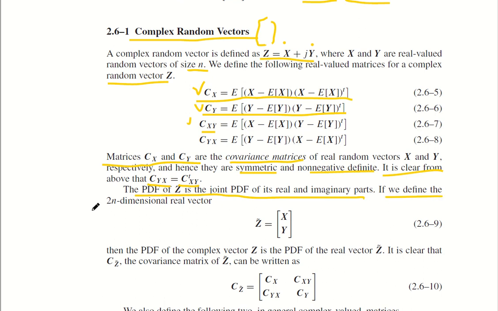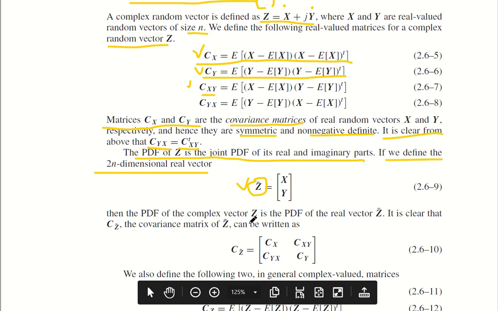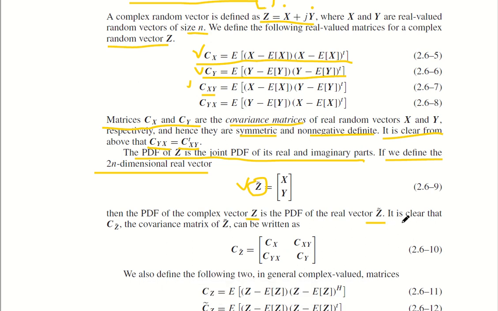Then the PDF of z is a joint PDF of its real and imaginary parts. So if we define a 2n-dimensional real vector, z total, equal to x and y, then the PDF of the complex vector z is the PDF of the real vector z total. Okay, so it's a repermutation. We permute the vector differently to separate the real and imaginary parts.